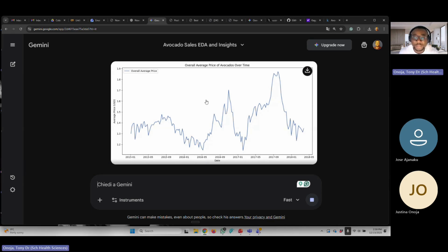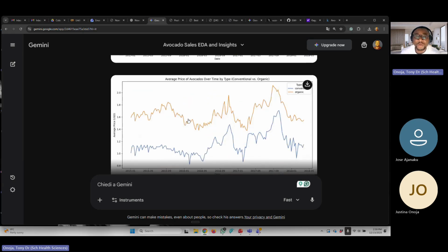You can see there is a peak here in 2015 around September. We still have another peak around 2016 here. We still have another peak around 2017. All right.